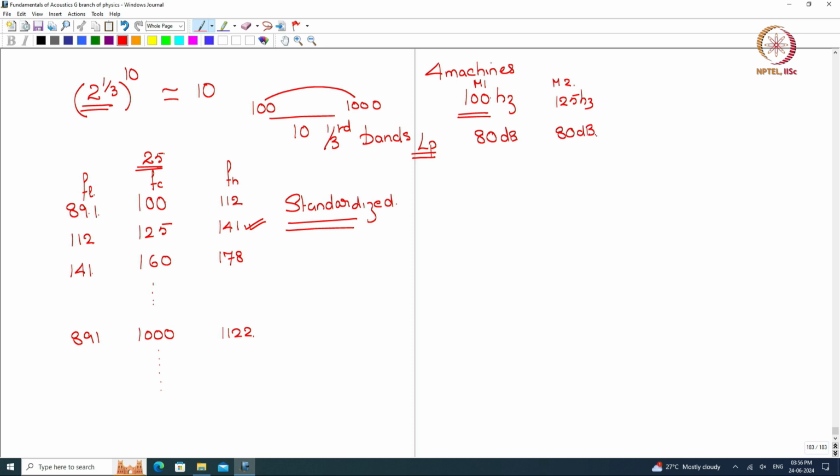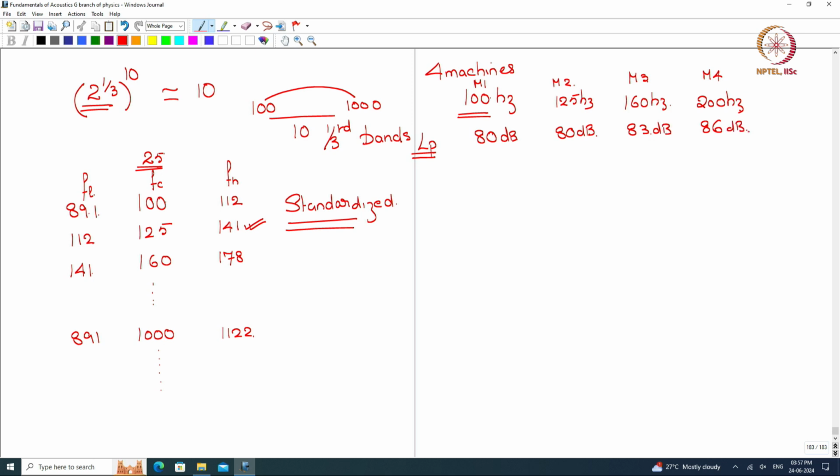Then M3 exclusively makes noise in the 160 hertz band, and M4 exclusively makes sound in the 200 hertz band; this value is, let us say, 83, and this value is 86 dB.